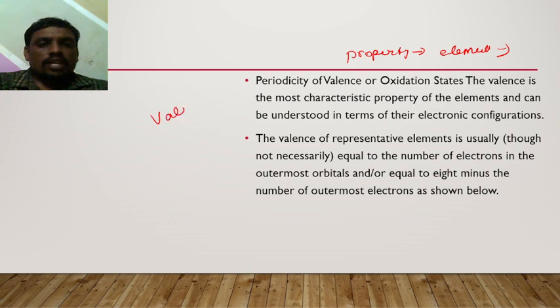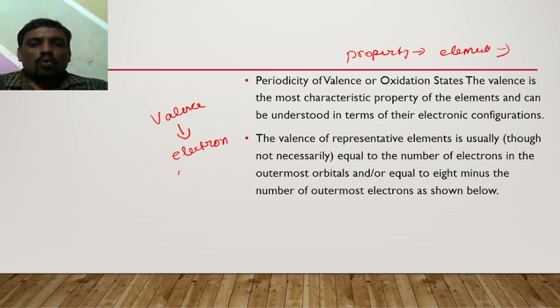The valency of a representative element is usually, though not necessarily, equal to the number of electrons in the outermost shell.